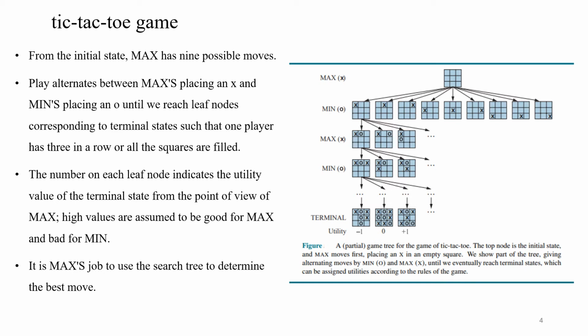The number on each leaf node indicates the utility value of the terminal state. From the point of view of max, high values are good for max, that is bad for min. It is max's job to use the search tree to determine the best move from the initial state to the terminal state.